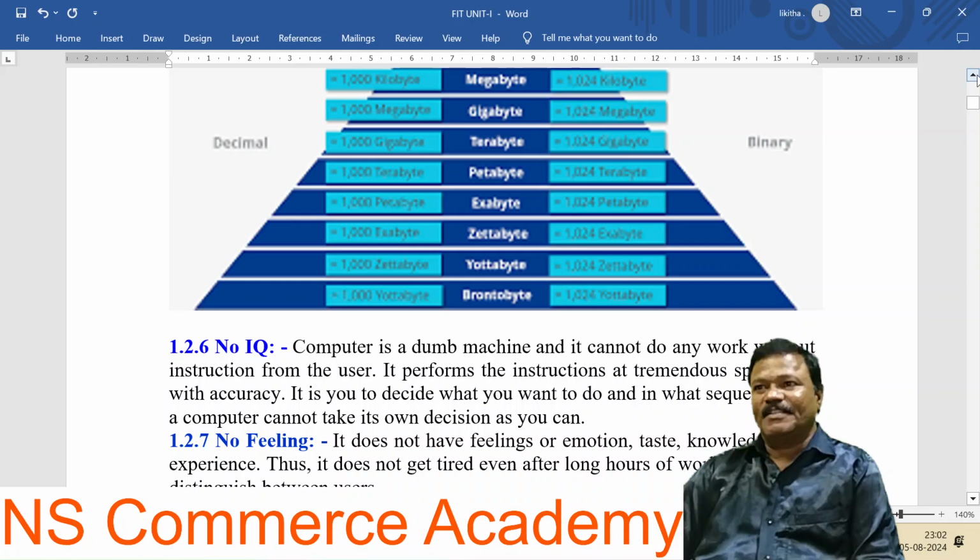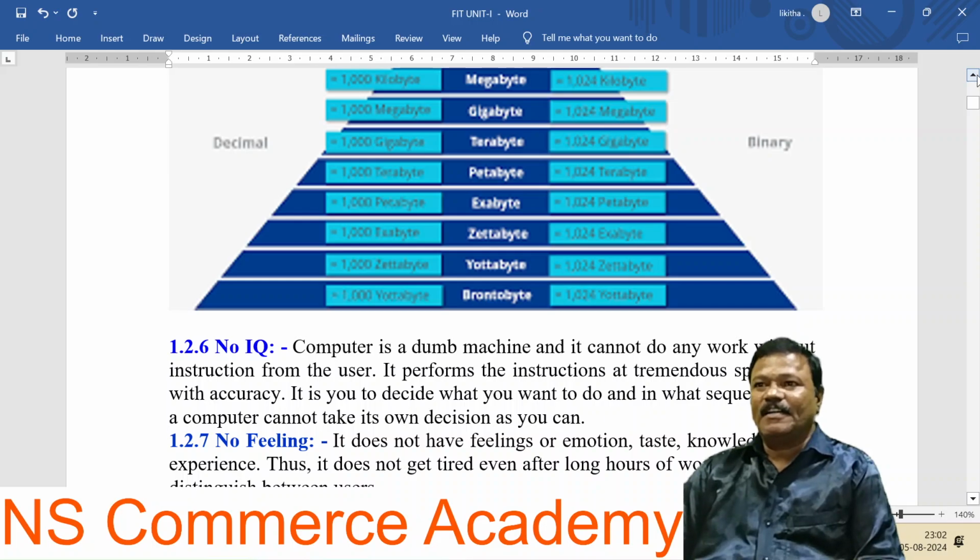A computer is a dumb machine and it cannot do any work without instructions from the user. Based on the instructions given by the user, the computer can work.